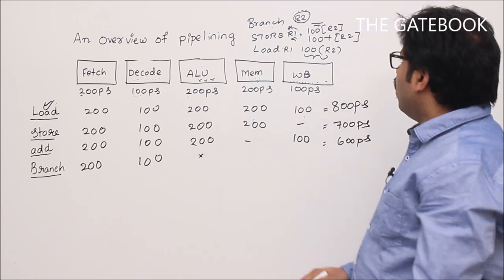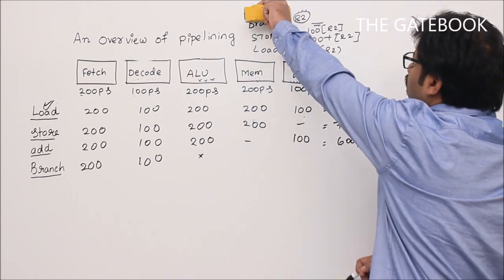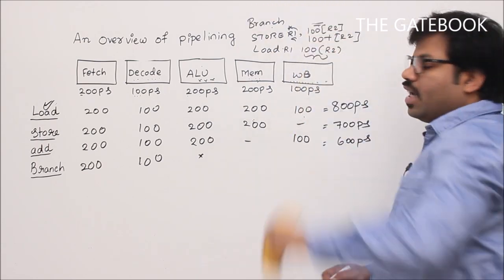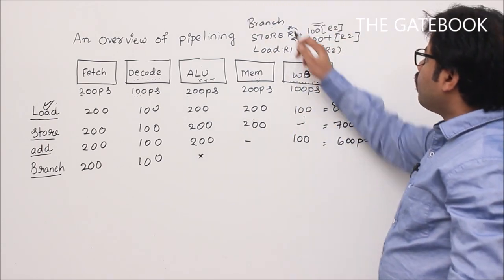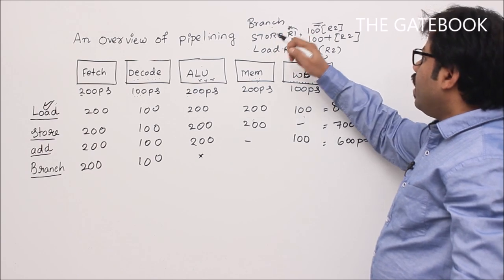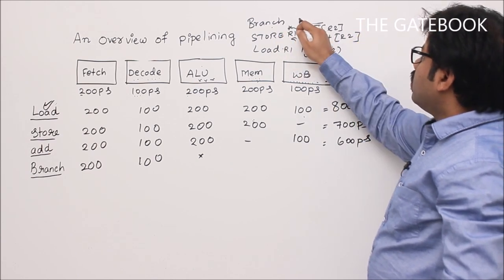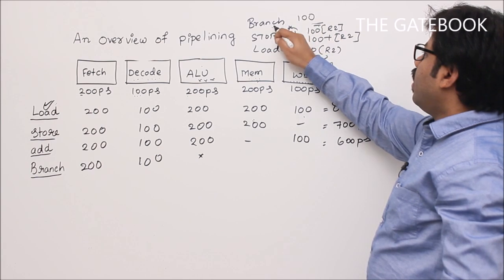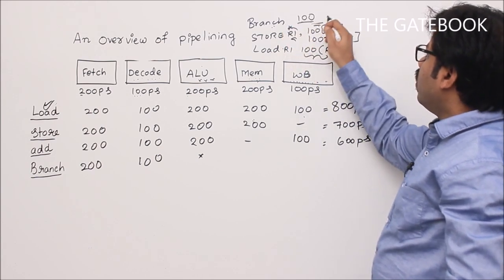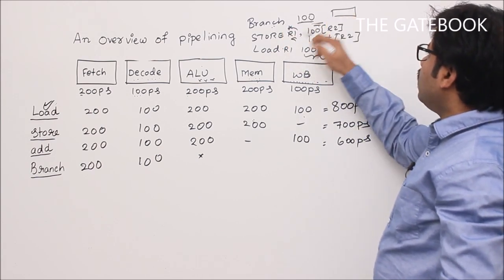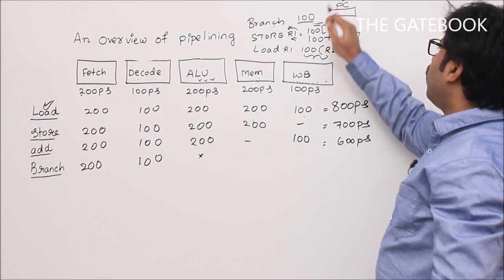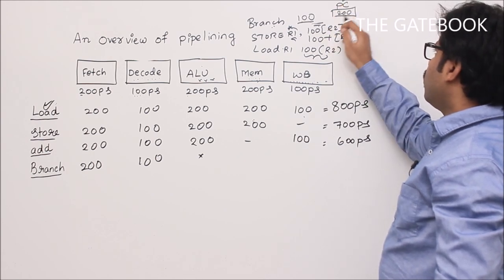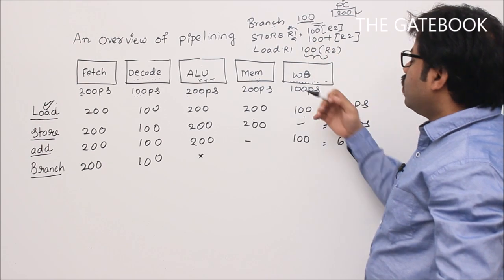Sometimes what happens is that your branch is relative. That means, for example, branch 100, where you want to take the branch relative to the program counter. Say the program counter at this moment is 200 and you want to jump to 300.